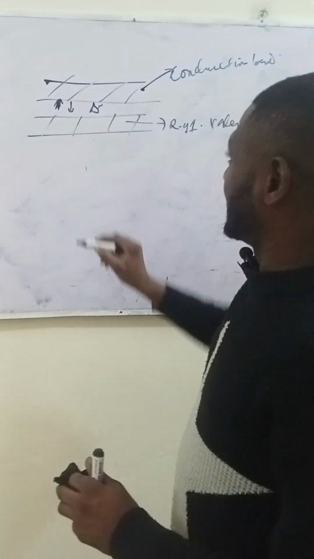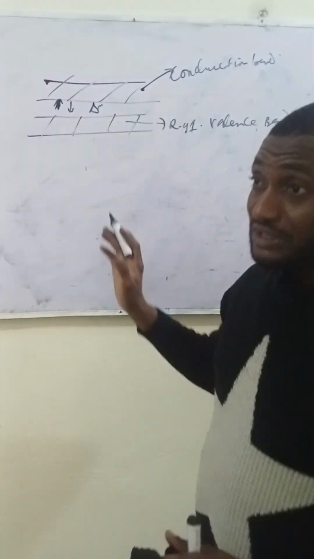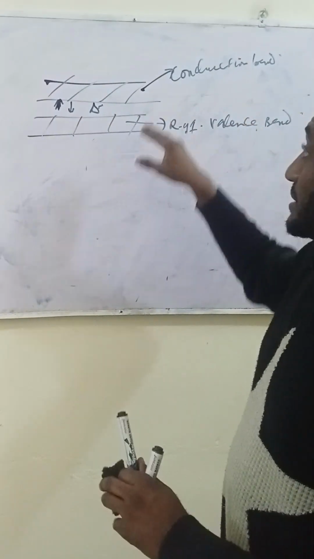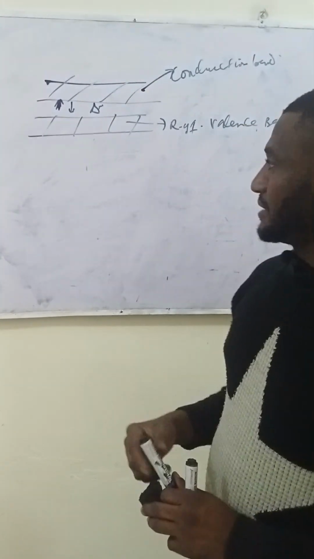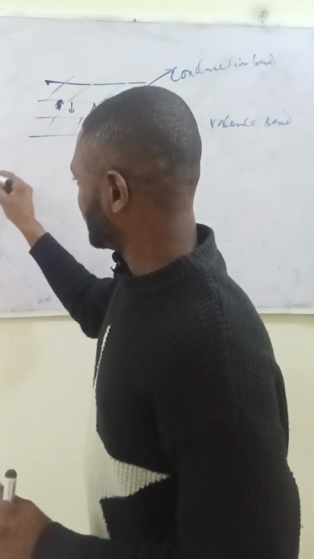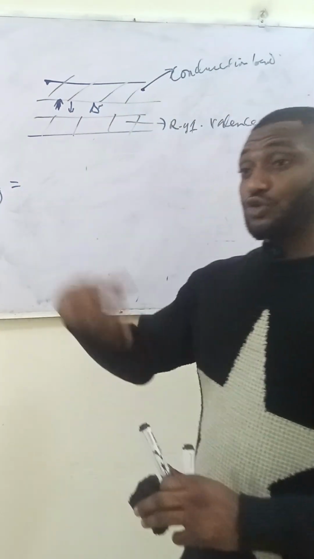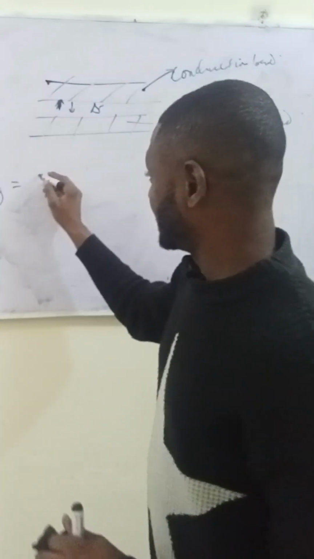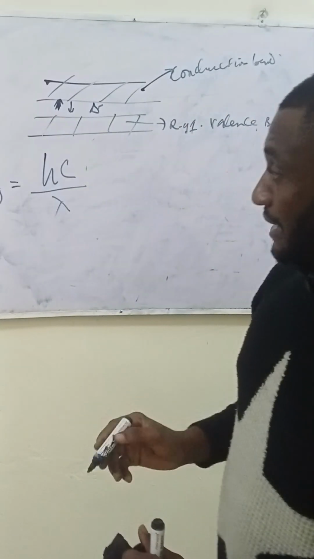This small difference here is where the physics happens, and that is where the photon is emitted. When you hit these things, energy is emitted in the form of a photon, and that photon has the energy E = hc/λ.